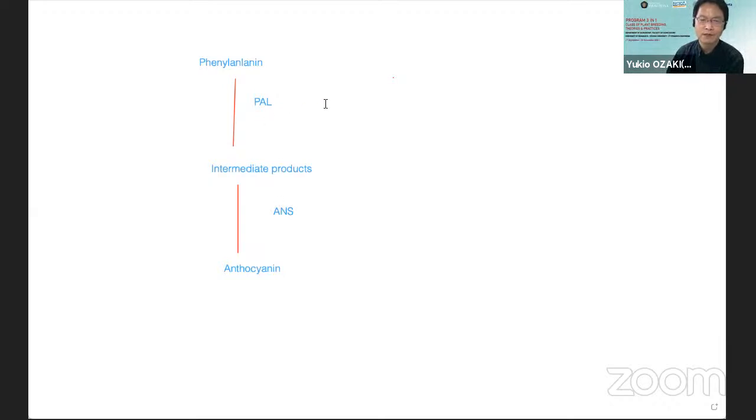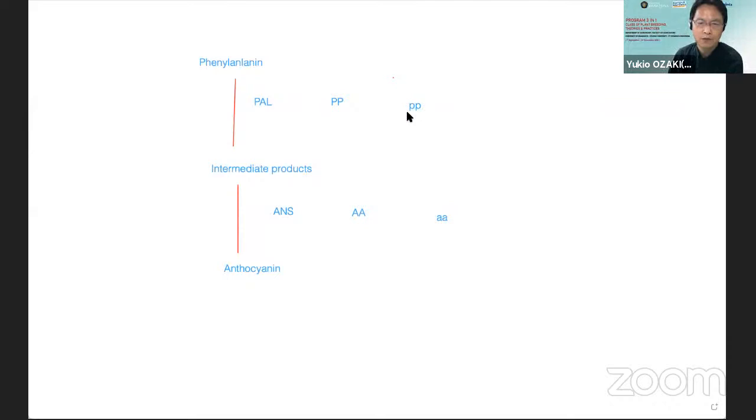If the plant has genes large P and small a, phenylalanine can be changed to the intermediate product, but it cannot be changed to anthocyanins.